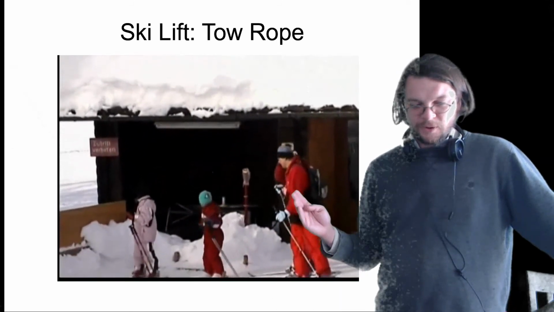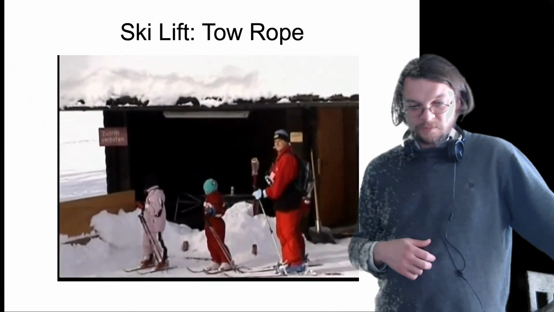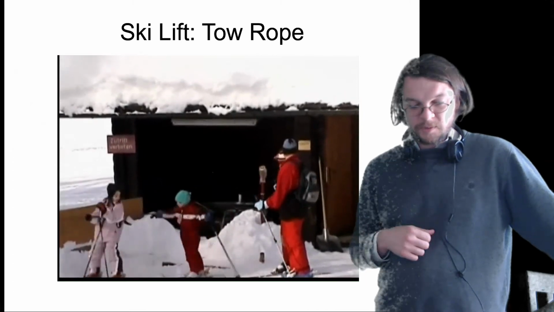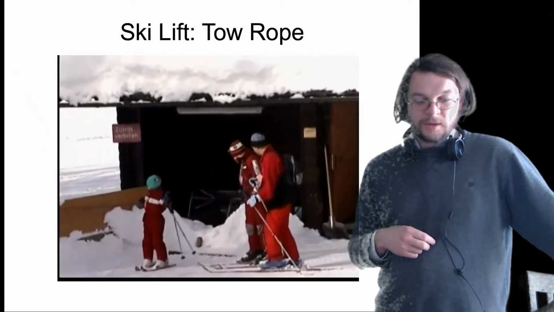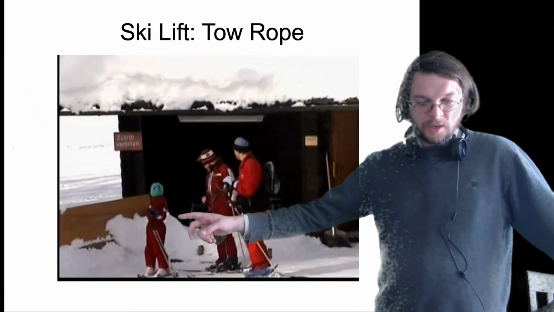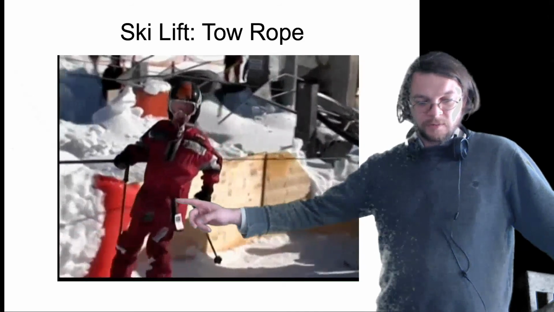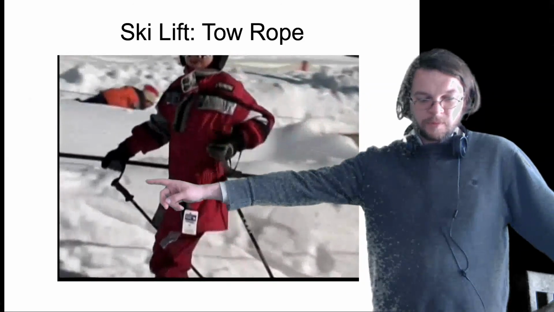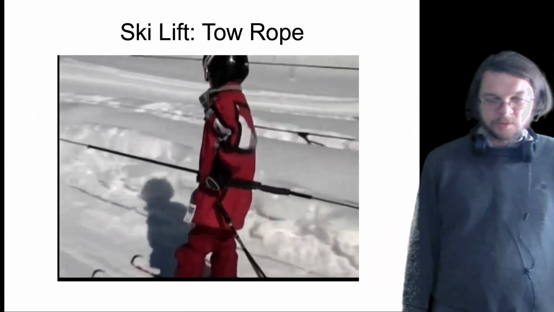Hopefully you've skied before. Ohio's not a great place to go skiing. And so there's this little table, and there's a little handle there that people will hold on to, and that will pull them up.